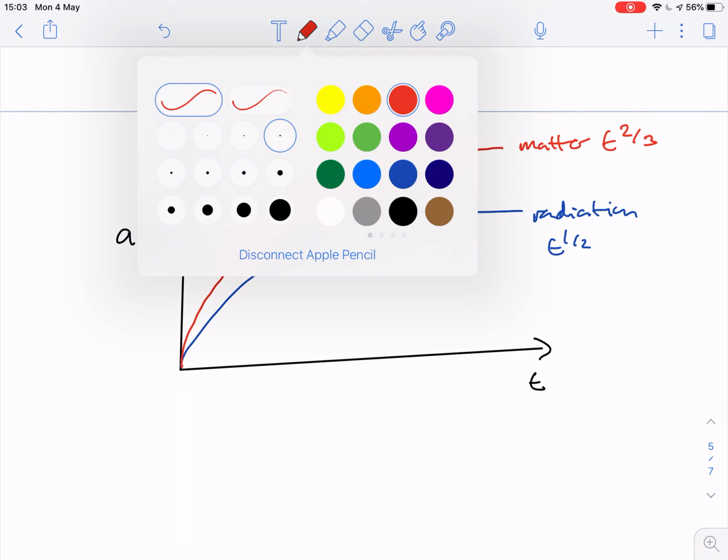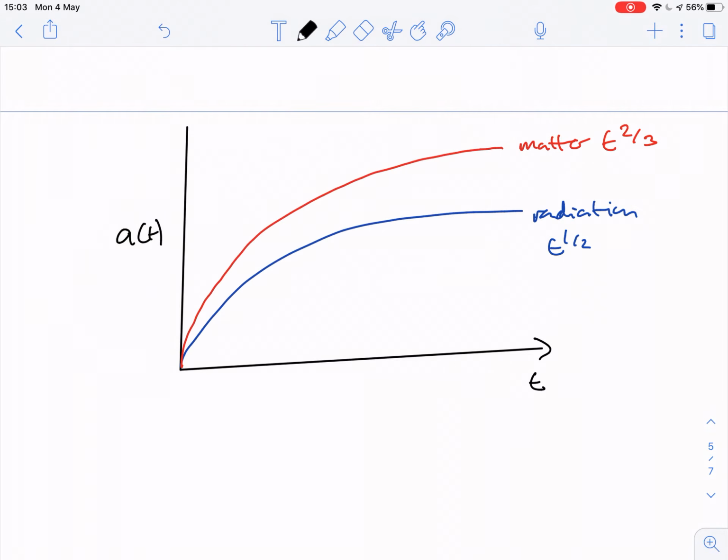And the interesting thing, and this perhaps is less intuitive, is that the matter-dominated universe is slowing down less fast, or perhaps the radiation-dominated universe is slowing down faster than the matter-dominated universe. But nonetheless, I can plot them as exactly what they are.